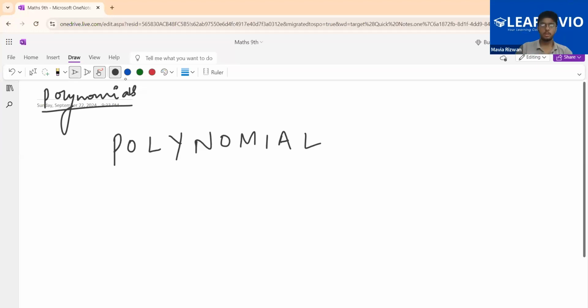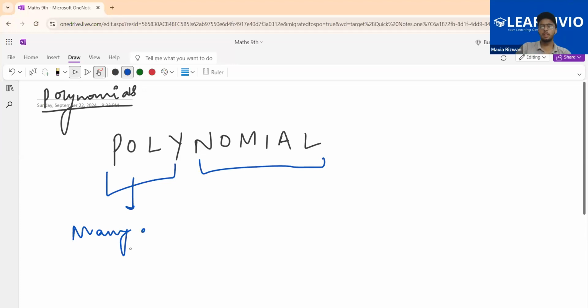See, I'll tell you. This is made up of two words. First is poly, second is nomial. Poly means many, or basically more than one. Nomial is term. So polynomial is more than one term.